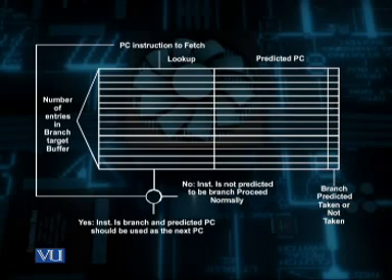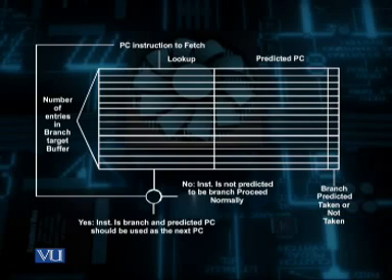The entries in the branch target buffer are placed over here, and the present value of the program counter, the instruction to fetch, is compared with the contents of this lookup section. If it is found to be equal, then the instruction is a branch and it can be predicted; the predicted program counter should be used as the next program counter.